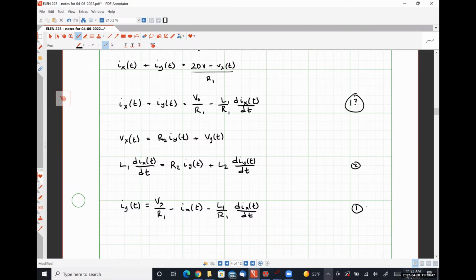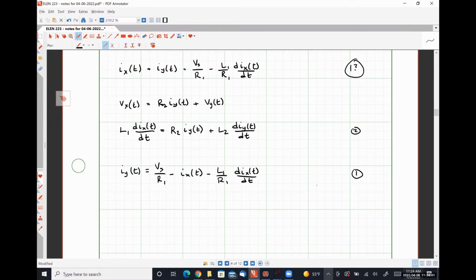And now I need the derivative of Iy expressed only in terms of Ix, which I can get by taking the derivative of equation 1 with respect to time. So dIy by dt. So what's the derivative of that constant term? 0.